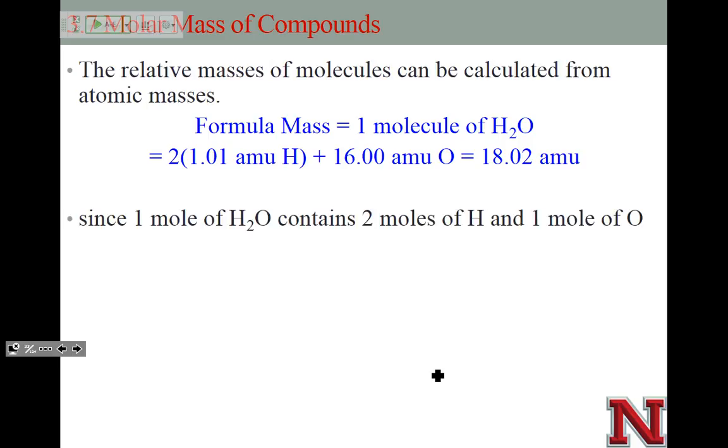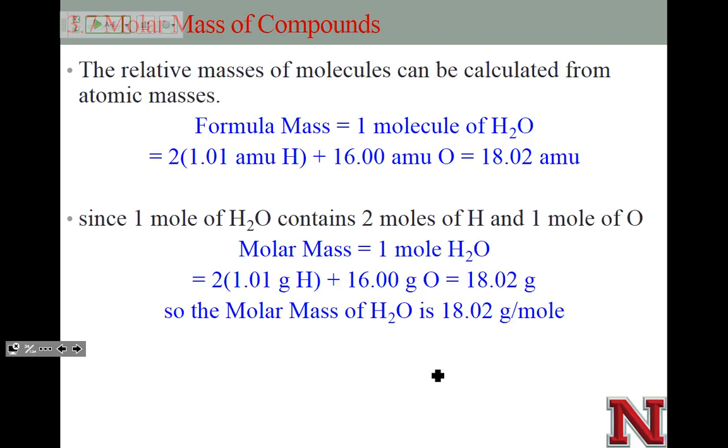So if we look at this, we know that 1 molecule of H2O contains 2 hydrogen atoms and 1 oxygen atom. So we have a relationship with that with our molecular weight and our mass. And that's going to be something we're going to be using a lot. So we know our molar mass is equal to 1 mole or molecule of H2O.